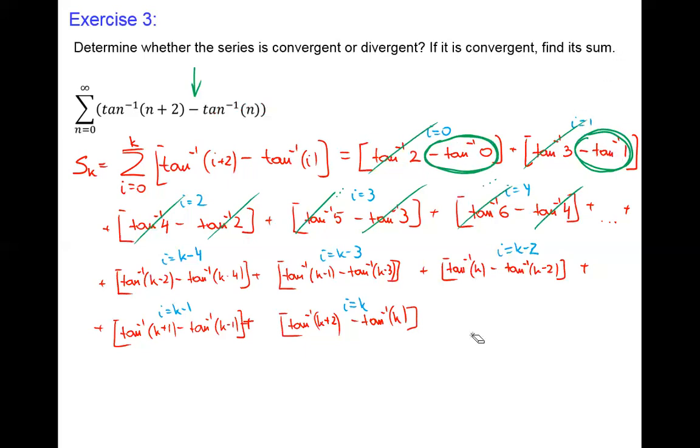Since it's the telescoping one, I'm assuming that the same pattern will happen backwards. My second item and the fourth one will not be cancelled. That means my green circles are the partial sum. But let's check. Negative inverse tangent of k, and positive. I'm cancelling this one. Negative and positive. And I also need negative and positive. Excellent.